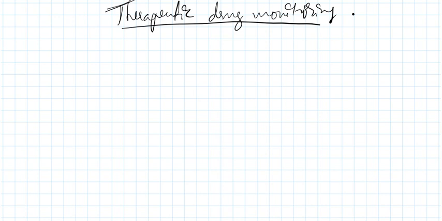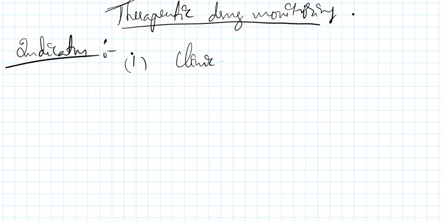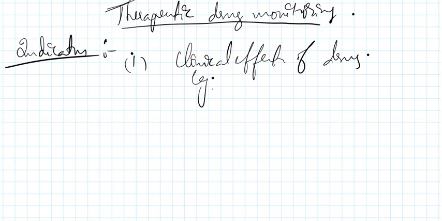Okay, so therapeutic drug monitoring indications: where will we indicate therapeutic drug monitoring? One of the indications is where the clinical effect of a drug can't be easily quantified. For example, take anti-epileptics.